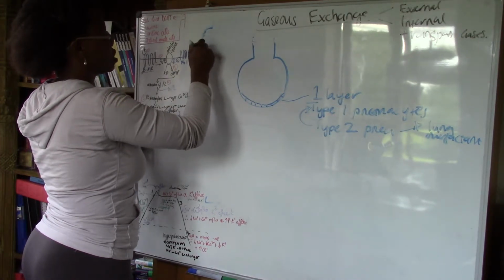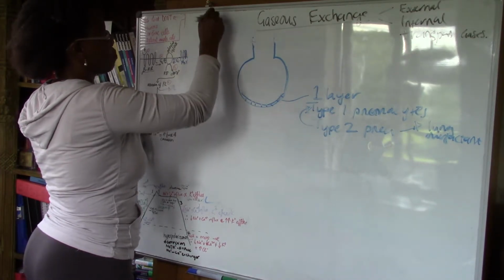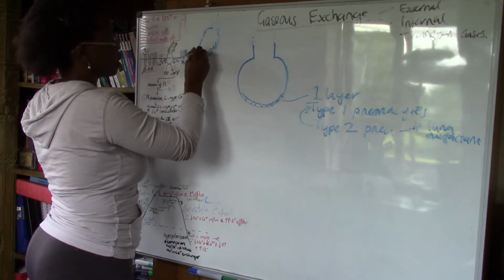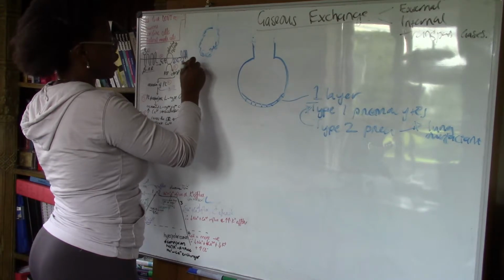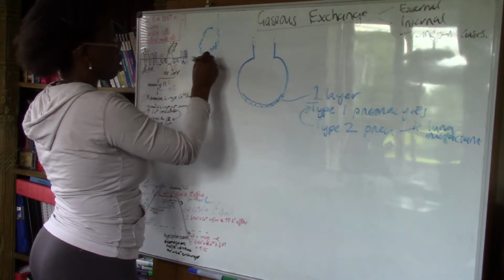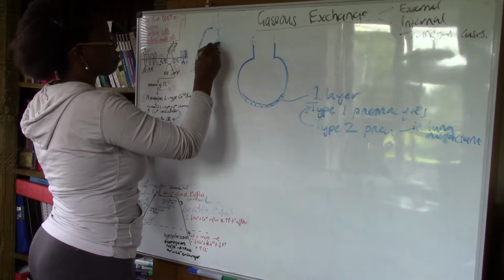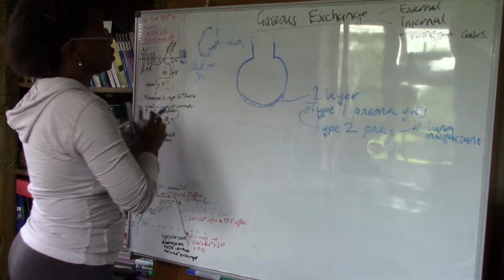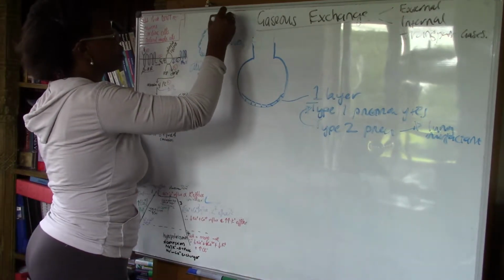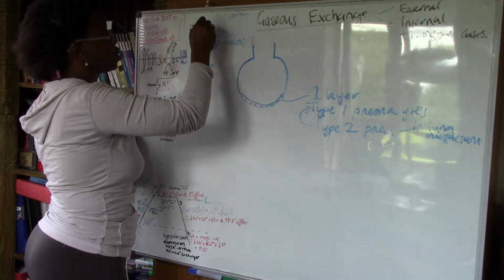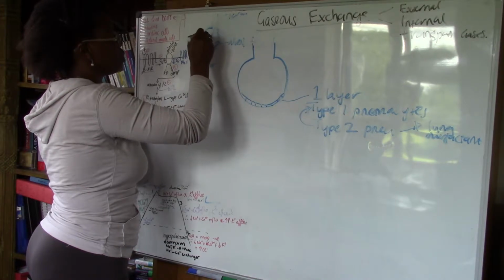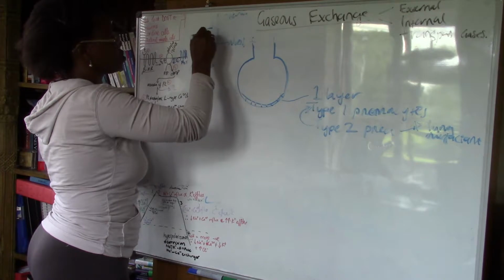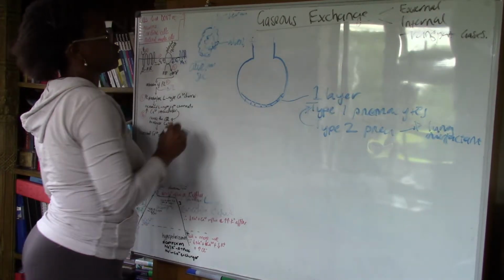I think I drew this in the other recording. If this entire thing is the alveolar sac, and one of these is an alveoli, this will be the terminal bronchiole leading into these alveoli. I can't really draw it properly, but this is the alveolar duct.